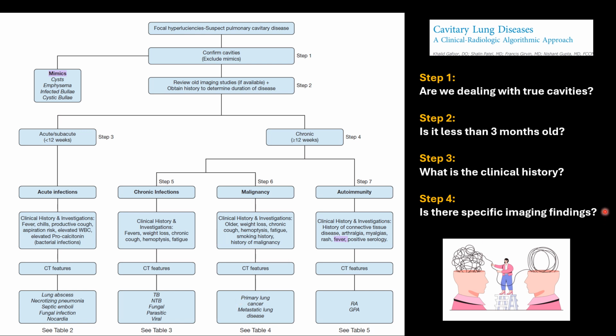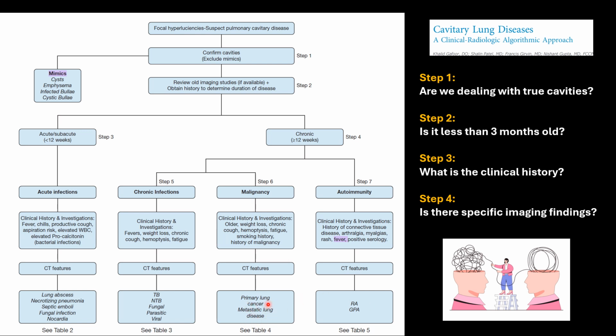Then the last step is, are there any specific imaging findings? For example, in septic emboli, it's going to be variable sized cavities and nodules, IV drug use. Sometimes you will see an aneurysm. In case of rheumatoid arthritis or Wegener's granulomatosis, there is going to be a waxing and waning kind of appearance where these nodules will resolve.